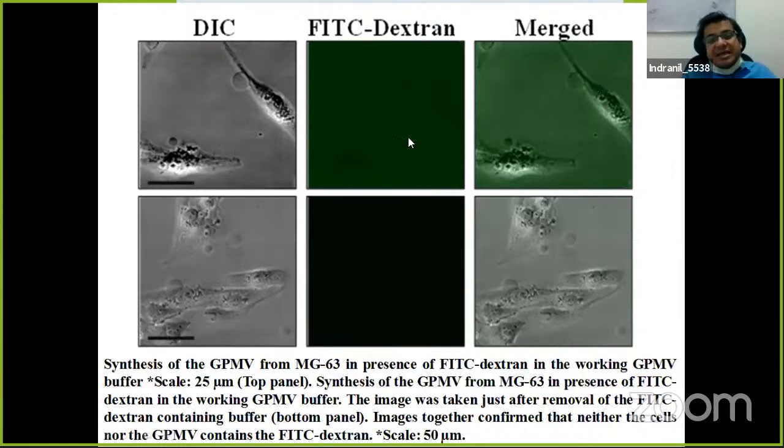Our idea was that if the GPMB is leaky, the FITC dextran should enter the GPMB, so after synthesis the GPMB should appear green. But we found that the GPMB is not appearing green. So at least we can say that for a molecule like FITC dextran of close to 12 kD molecular weight, the GPMB is impermeable, which indicates its membrane integrity.